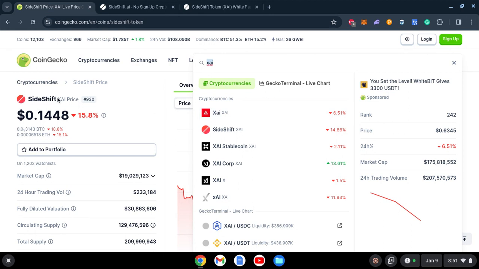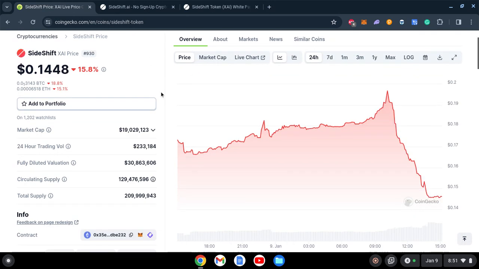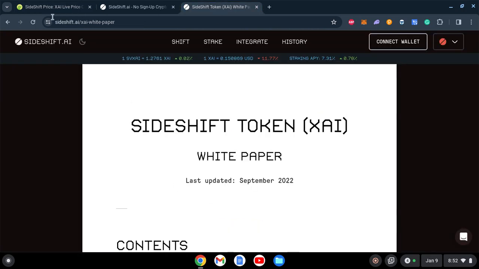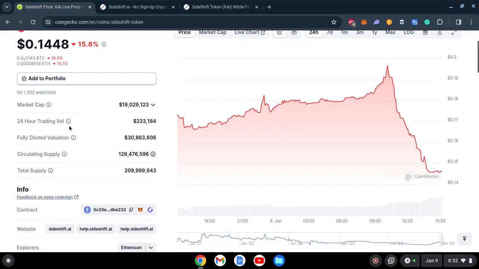So just make sure that what you are looking for here is the Sideshift project's token. Anyways, now let's get to the basic information, and then we'll quickly move to the white paper of the project and try to analyze that.